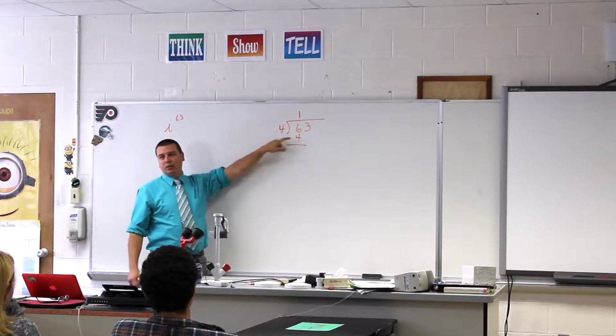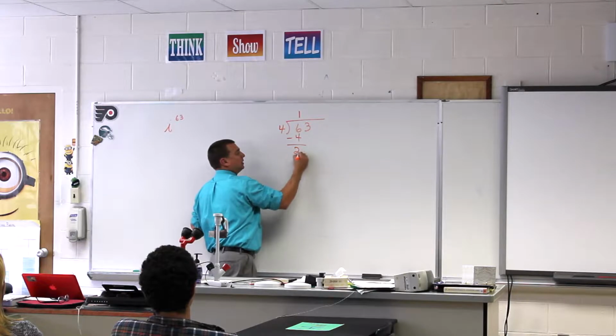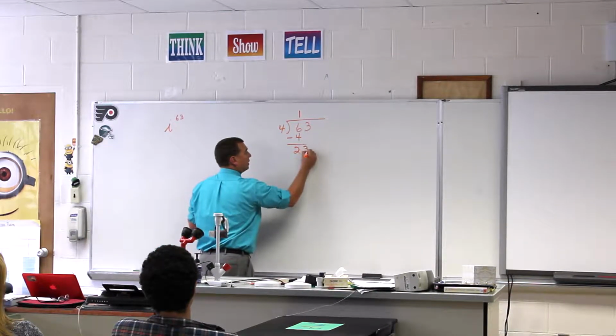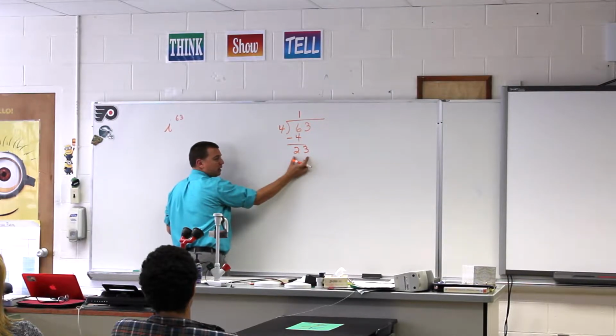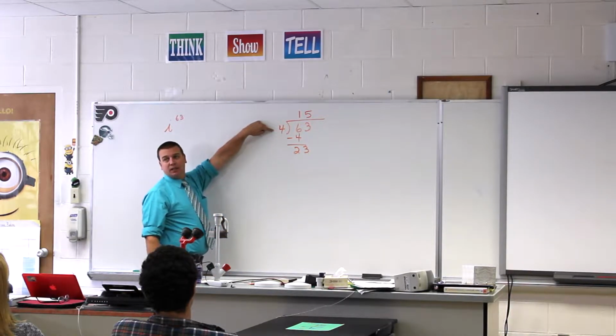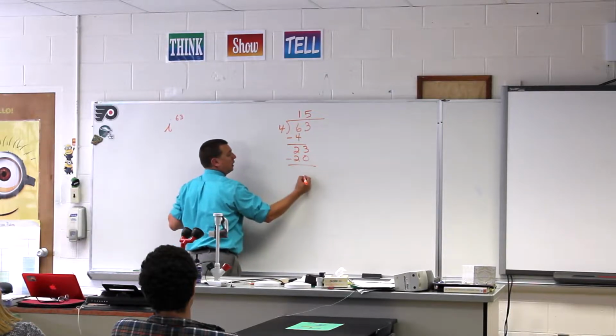What do I do with these 2? Subtract. Then I actually subtract. What do I do next? Bring down the 3. 4 times what will get me close to 23? 5. Okay. 5 times 4 is? 20. Then what do I do with that? Subtract. And I'm left with?